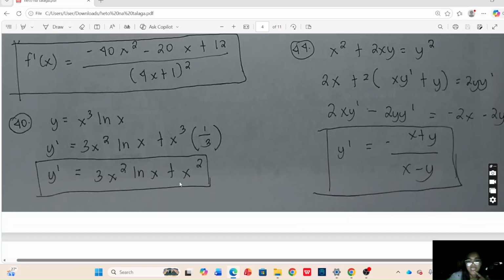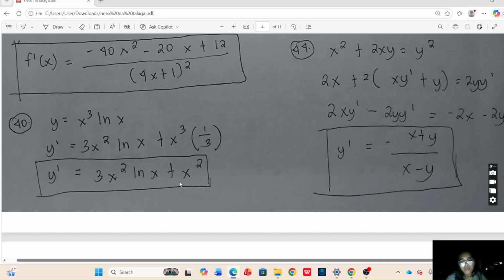So let's have number 40 now. We have the function x cubed multiplied by the natural logarithm of x. For this, we have to apply the product rule, which is again UDV plus VDU.